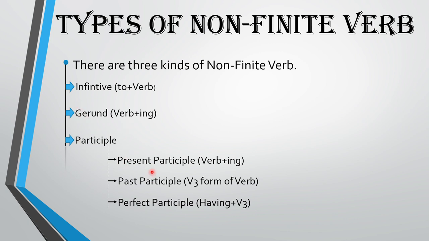There are three types of participle also. One is present participle, which means verb plus ing. There is a confusion between present participle and gerund. We define this on the next page. Past participle means the past participle form of the verb. And perfect participle means having plus the past participle form of the verb.